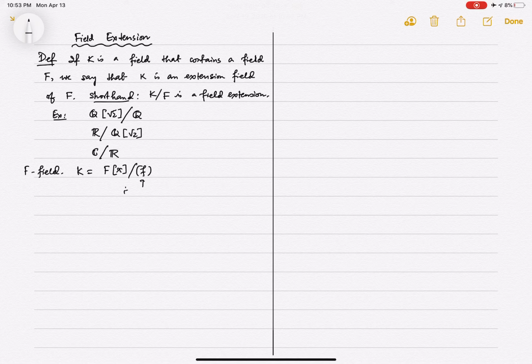Well, this is an irreducible polynomial, then this is a field extension. And these are the kind of field extensions that we are mostly going to be interested in.